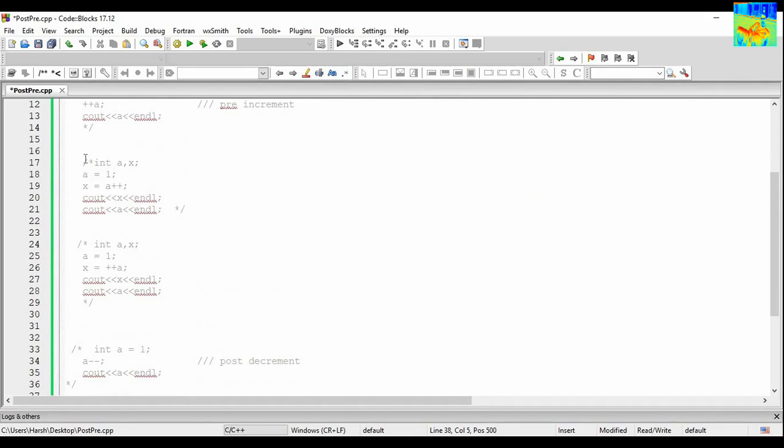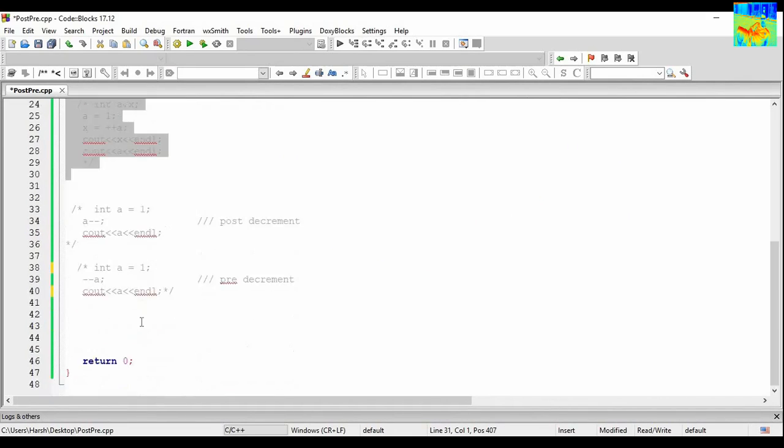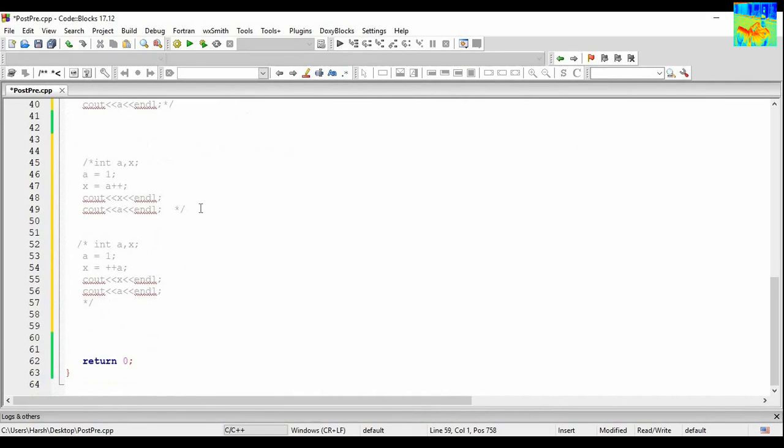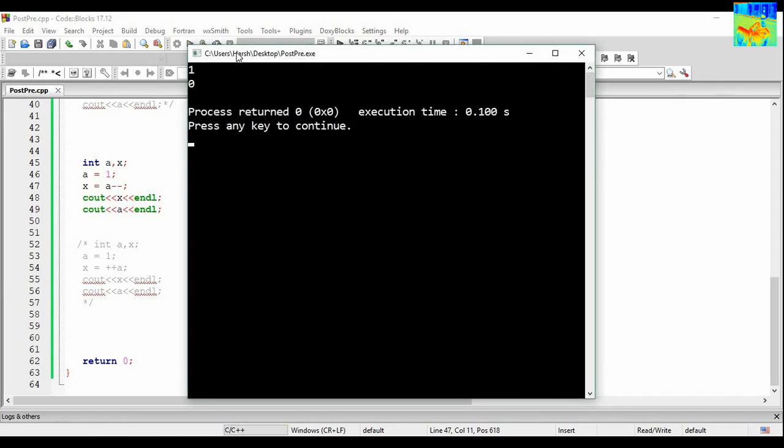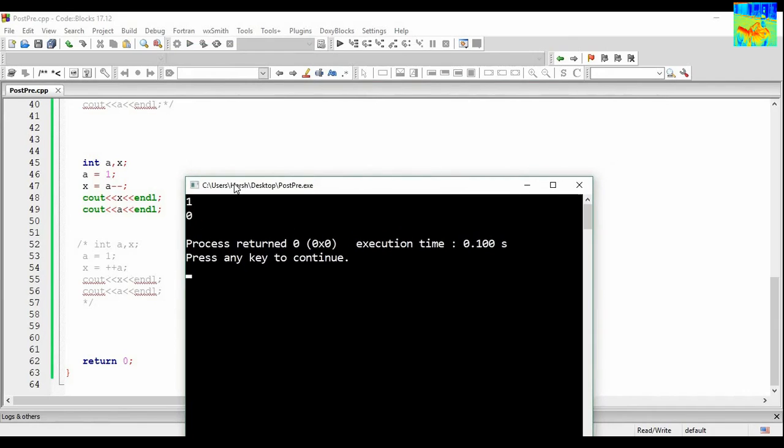Okay, so let's see. Now we'll copy this part. Now a equals 1, and I will write x equals a minus minus. Let's run it. The value of x is 1 and the value of a is 0 as expected.